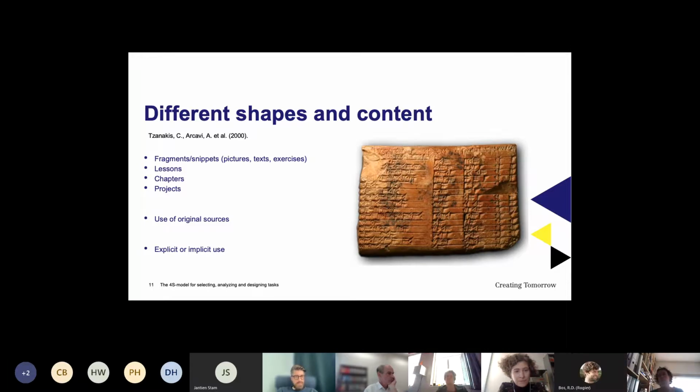So this doesn't say that much about the amount of history, but more in what way do we show it? Well, I'm showing an original source here on the right. Maybe you know it. It's a rather famous one, the famous Plimpton tablet. And something else to consider when you think about how I want to use history of mathematics is, do you use it explicitly or do you use it implicitly?